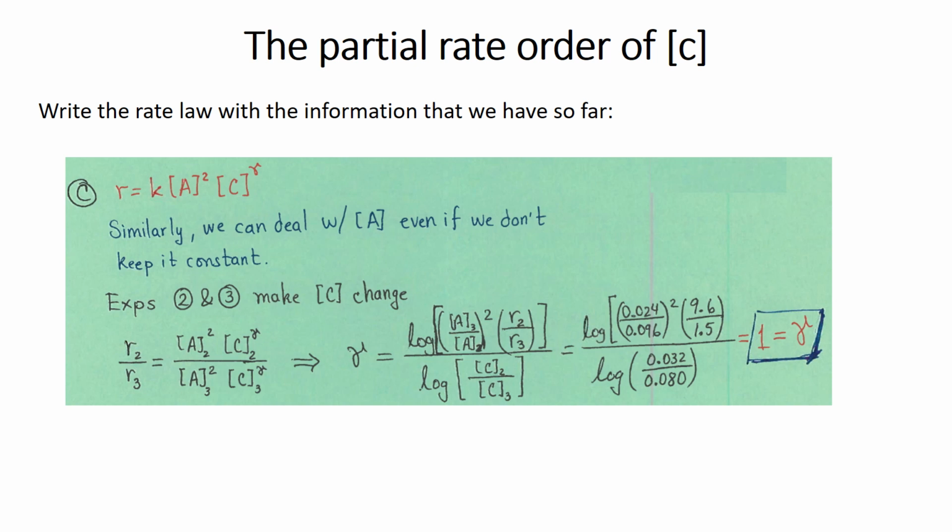So whenever I substitute all the values and use the formula log over log, the log of a ratio divided by the log of another ratio, when I solve that problem, I end up with gamma equal to 1. So the partial order of reaction for C is equal to 1.